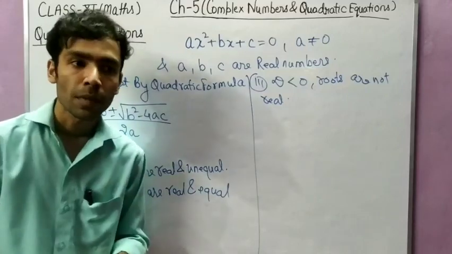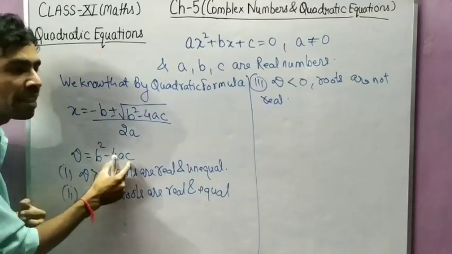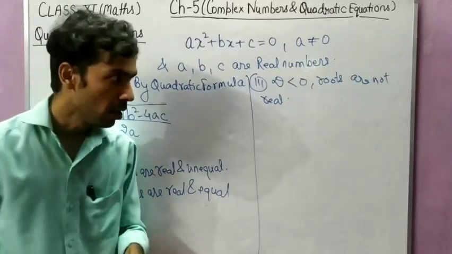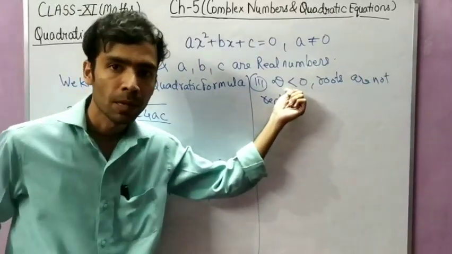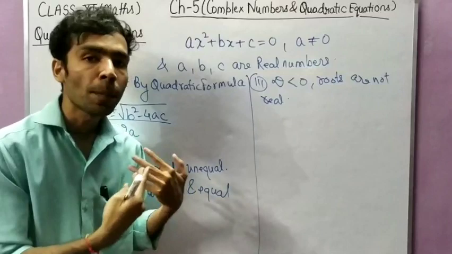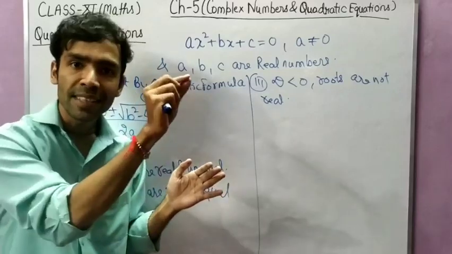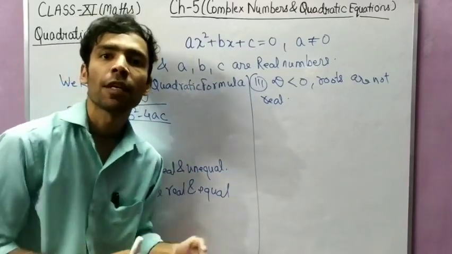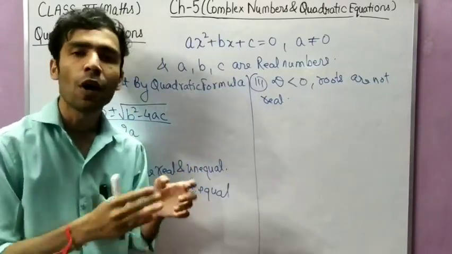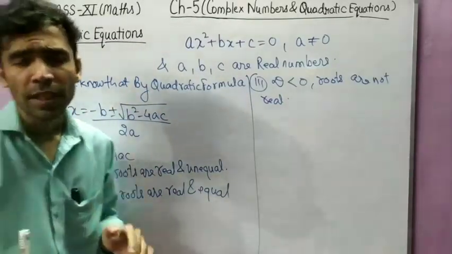We will get complex roots when the value of b square minus 4ac is negative, because in the first two cases roots are real, but in the third case roots are not real, which means complex roots. Whenever we get a negative number inside the square root, we always get complex roots. Everything else is the same.